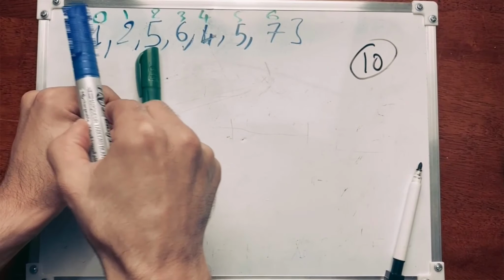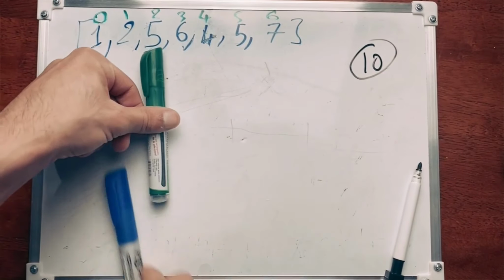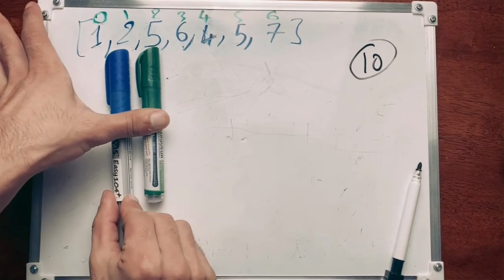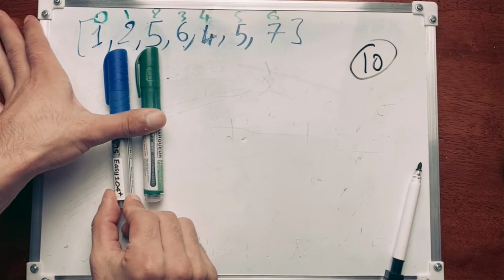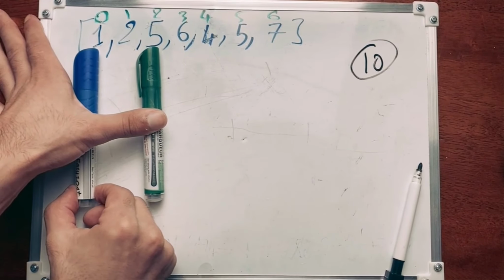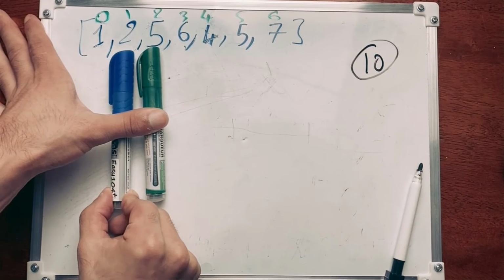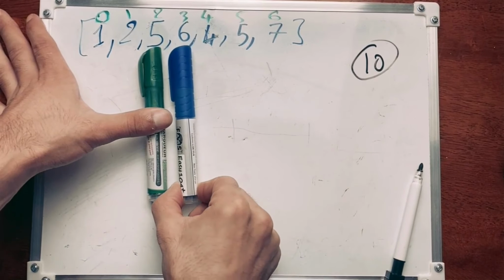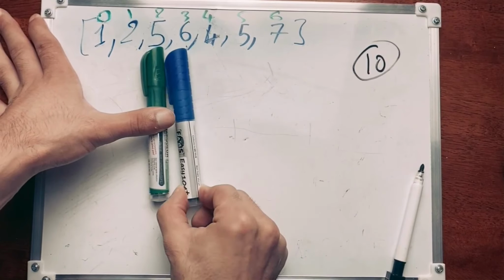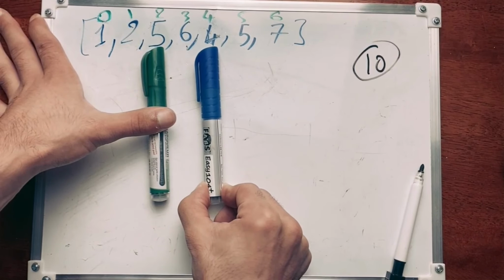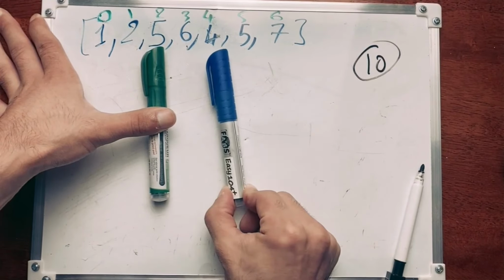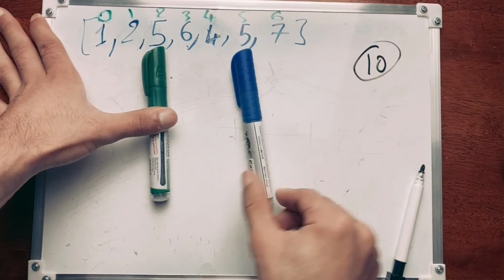So 5 plus 1 is 6, no. 5 plus 2 is 7, no. 5 plus 6 is 11, no, it doesn't equal the target. 5 plus 4 is 9, it doesn't equal the target. 5 plus 5 does equal the target.